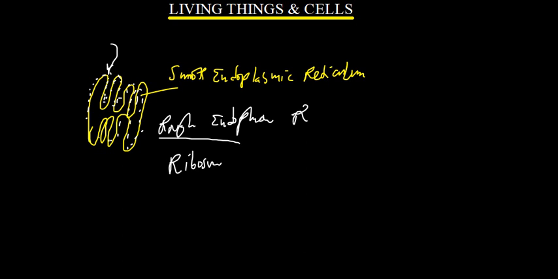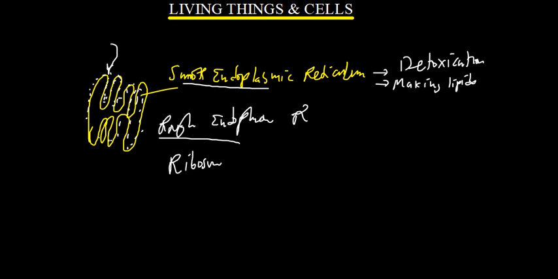On the other hand, the smooth endoplasmic reticulum is involved in what we call detoxification and also making lipids. What is detoxification? It is just a removing of toxic things. Say for example, someone drank alcohol. So for those toxic alcohol not to harm a person, the smooth endoplasmic reticulum will be able to do that function.